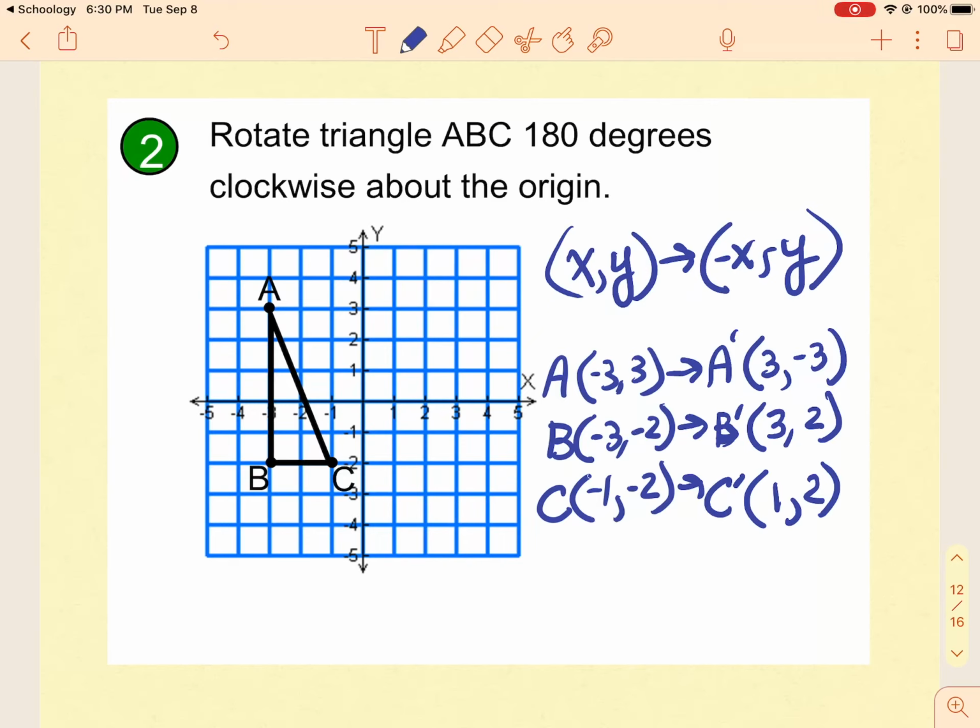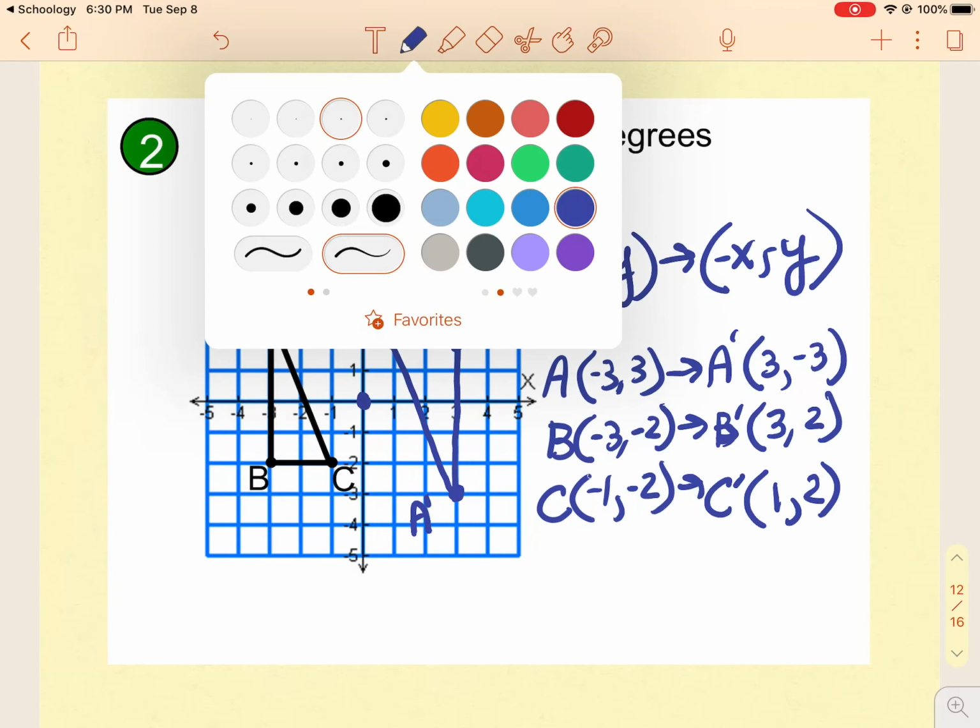So when we plot those 3 points, and we connect those, you could see it got spun directly about the origin.